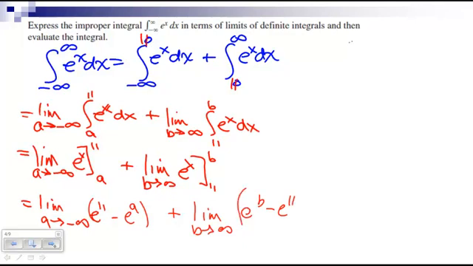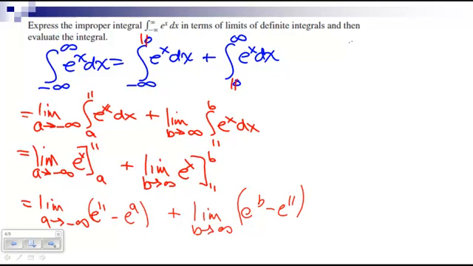Now, here's where we introduce another new topic. When we have improper integrals, there are two possibilities. Those two possibilities, and tell me if you heard this before, is that they either converge or diverge. They converge if the limits exist.